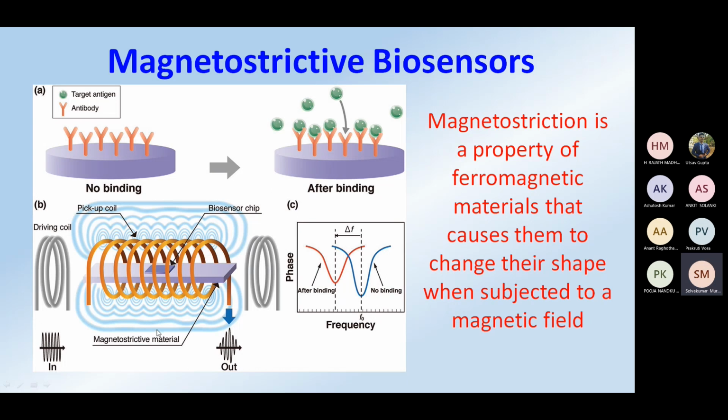And once the target antigen is connected with your antibody, what will happen? Your mass or the frequency will change in your biosensor chip. So that again will disturb the magnetic field.